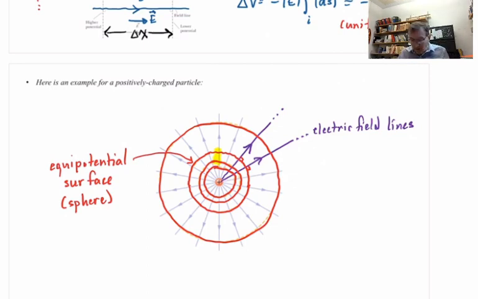Okay? All right, so you've got a case where the structure is a little more complicated. You have radiating outward electric field lines, where the magnitude of the electric field is getting weaker as you go farther from the charge. And your equipotential surfaces are spheres, spherical surfaces. Okay?